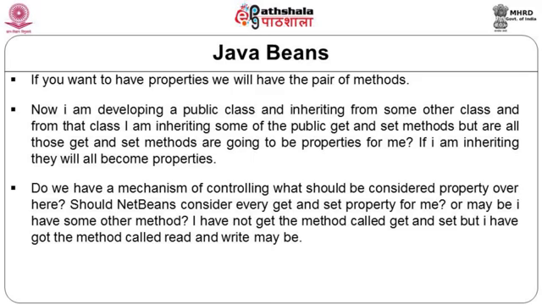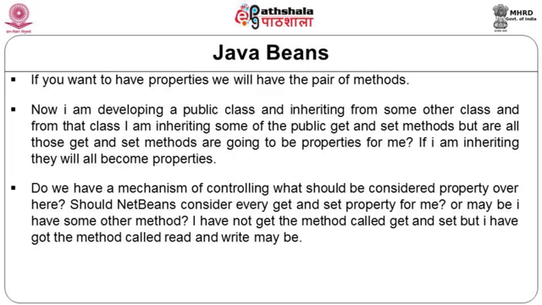But are all of those get and set methods going to be properties for me? If I am inheriting, they will all become properties. Do I have a mechanism of controlling what should be considered as a property by the tool? Should NetBeans consider each and every get and set pair as a property for me?